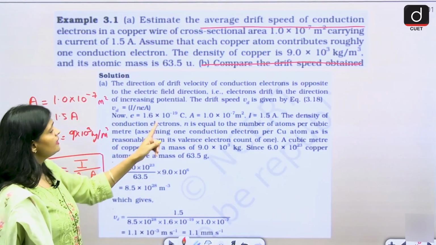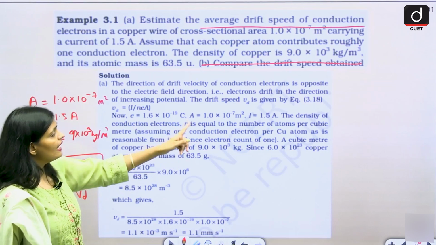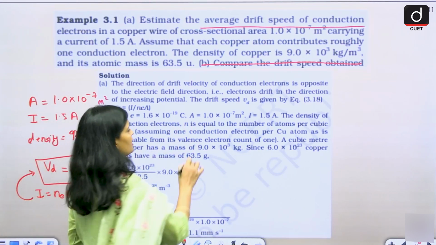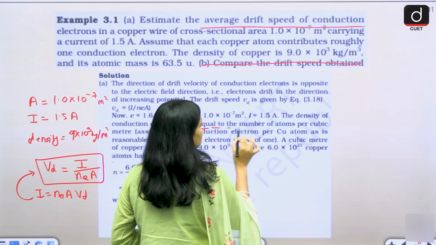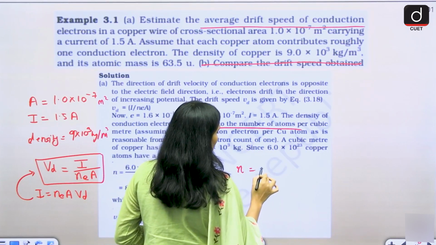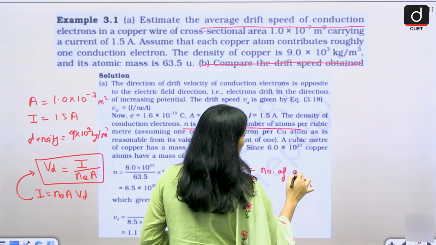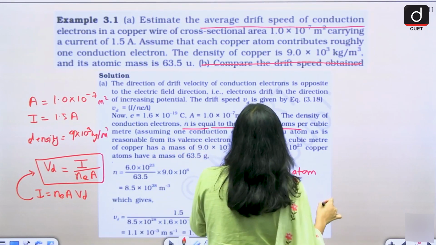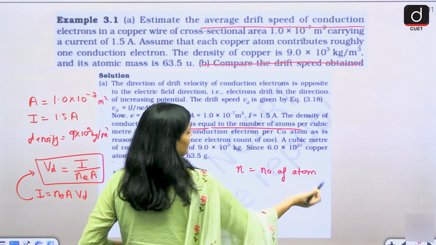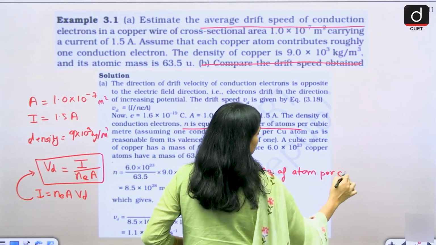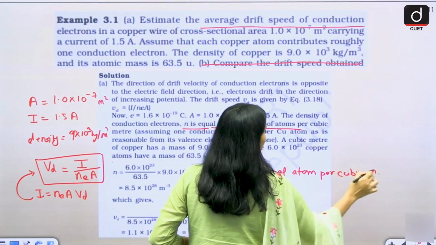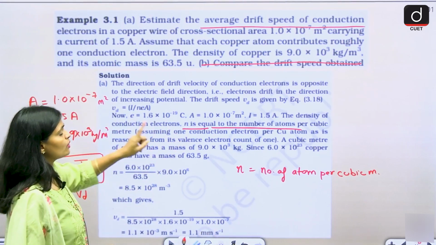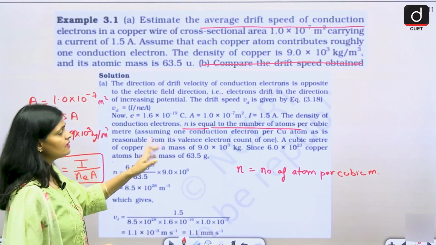The density of conduction electrons, n, is equal to the number of atoms per cubic meter. So what is this small n? It is the number of atoms per cubic meter, assuming one conduction electron per copper atom as its valence electron.